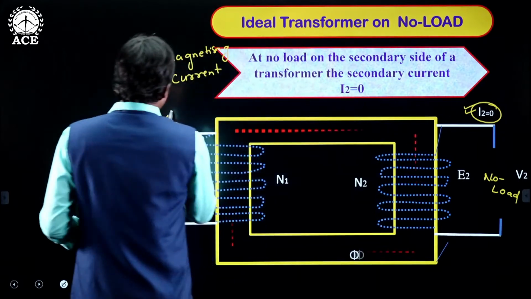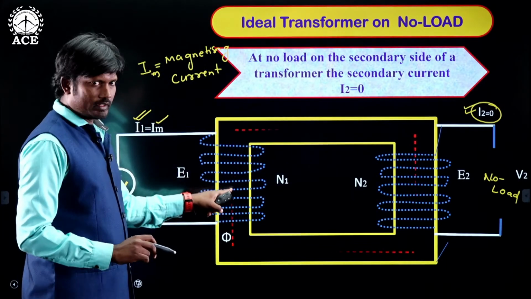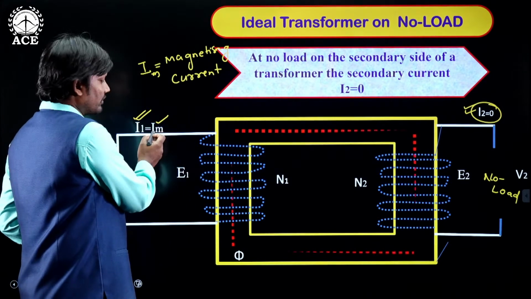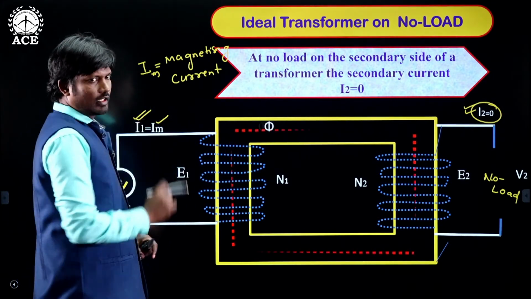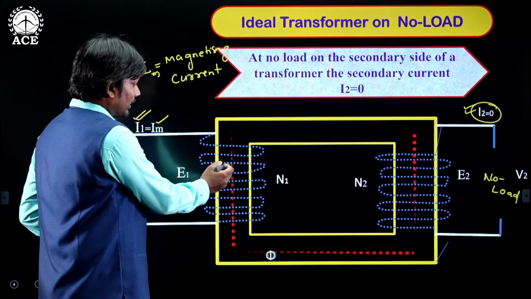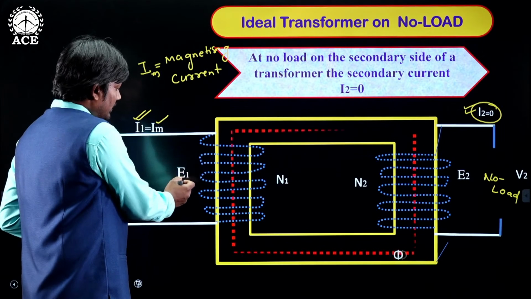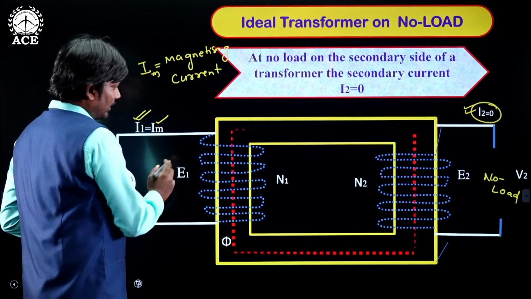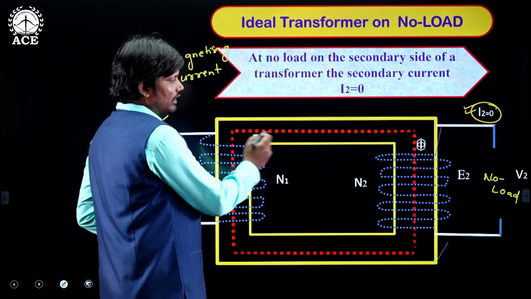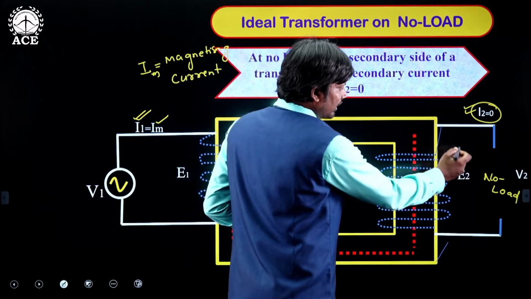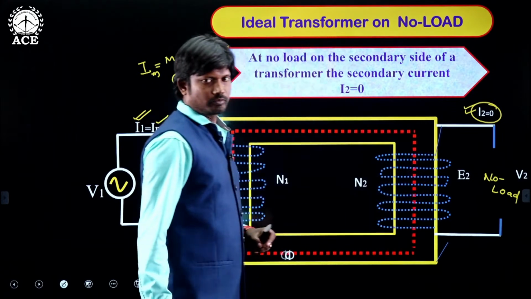This magnetizing current produces the flux in the core, therefore this flux is in phase with the magnetizing current. When this flux links with the primary winding, it induces the primary induced voltage E1, and when this flux links with the secondary winding, it develops secondary induced EMF E2.